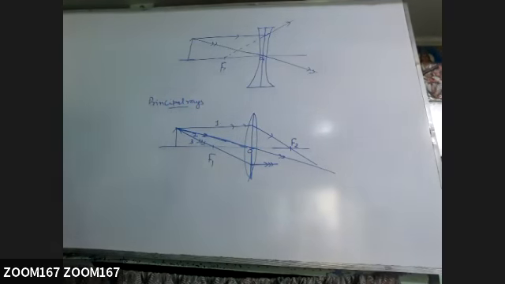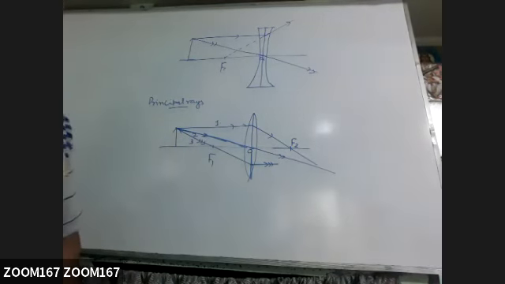While drawing a ray diagram, you are supposed to use a sharp pencil and scale, and an arrow mark on the incident ray as well as on the refracted ray. If you do not give an arrow mark, you will lose all the marks, because we are not sure from where the ray is coming and where it is going. Okay, so that is the second one.